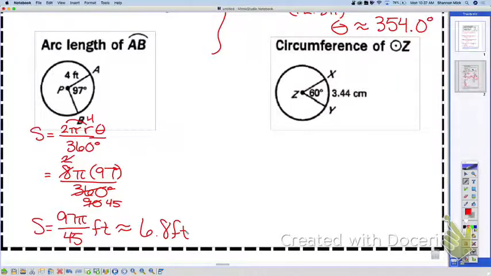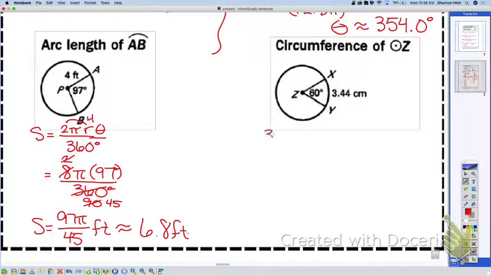Well, we have an arc length and we have an angle. Those are the only two things I have, yes? So I almost have to use the arc length formula, correct? Because it's the only things I have, right? Well, 3.44 is the S, isn't it?